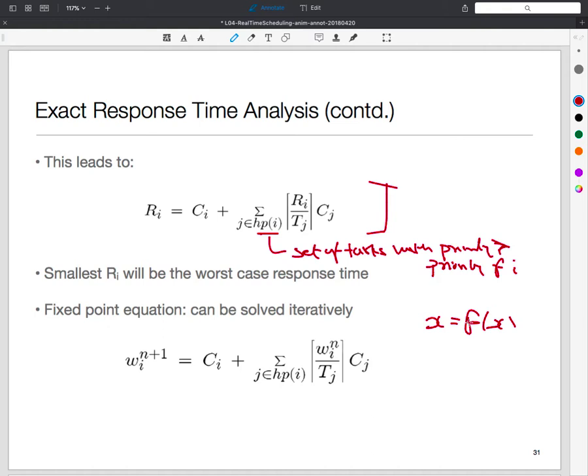They are called fixed point equations. And the way you solve them is iteratively. How many of you have seen equations like these ever? You have, right? Okay. No one else? Never? Okay. Well, they exist.